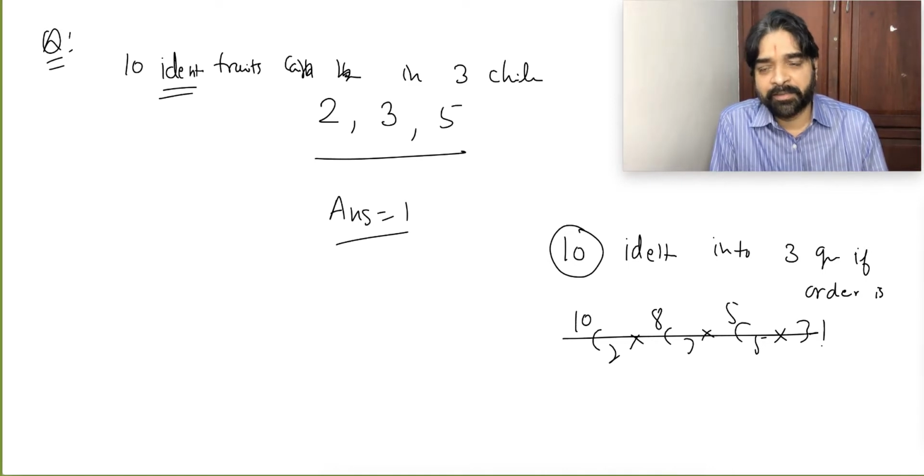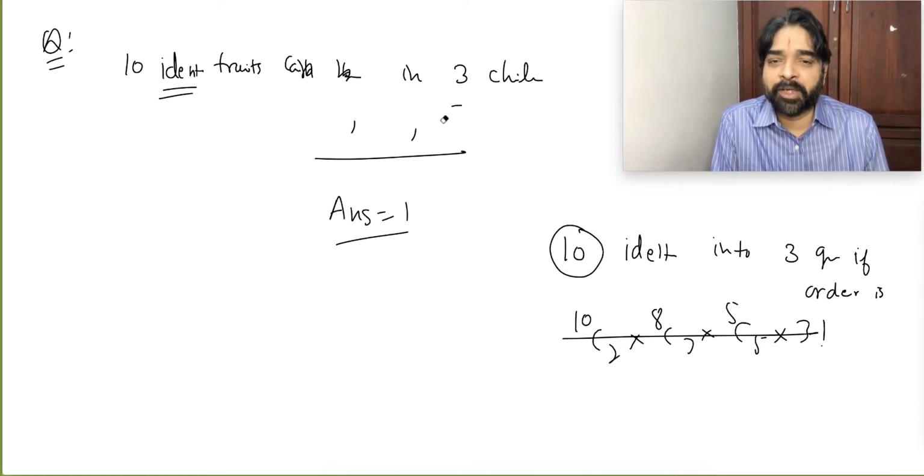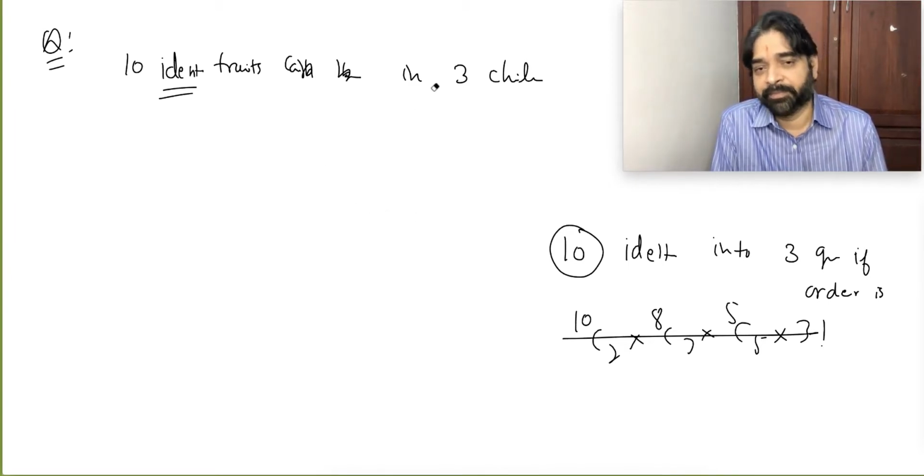Same question, change it. 10 identical fruits can be distributed among 3 children if everyone gets at least 1 fruit. What is the answer?